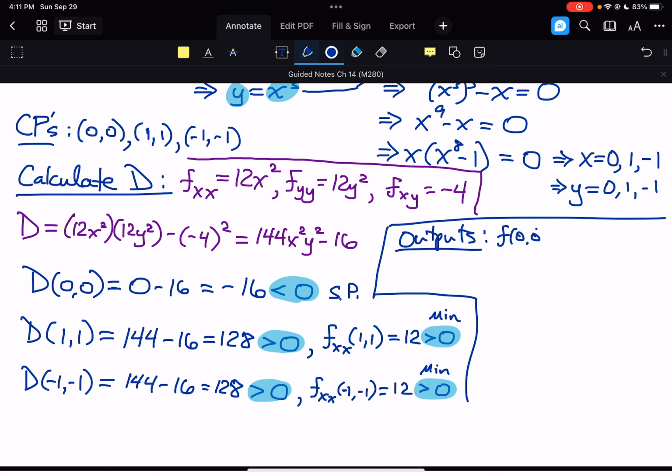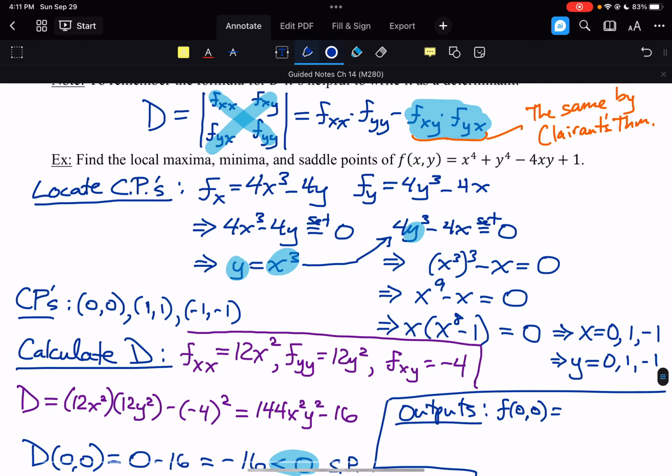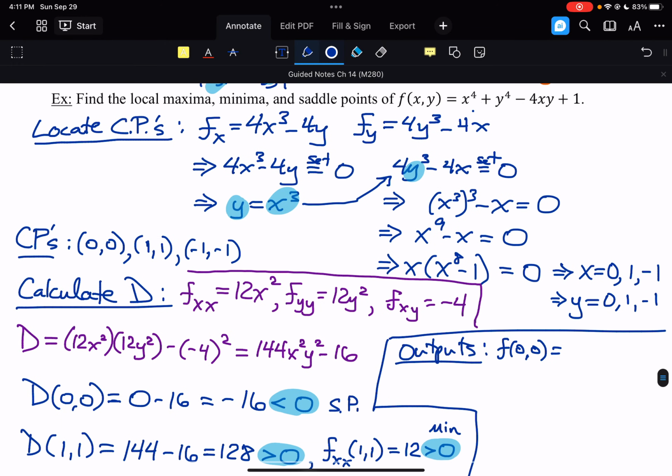So f of 0, 0. If we plug this back into the original function right here, that gives us just a 1. F of 1, 1. Plug in 1 and 1. Plus 1 is 3, minus 4 is negative 1. And f of negative 1, negative 1 is also negative 1.